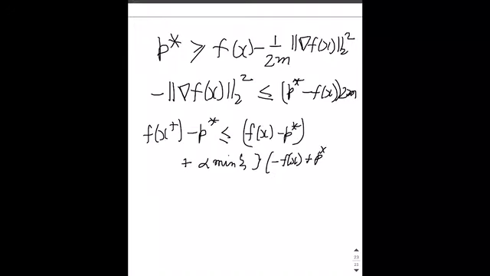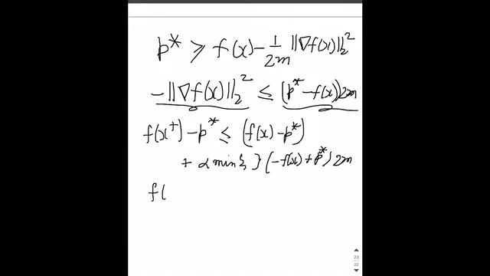So basically we have substituted this term in the previous equation.